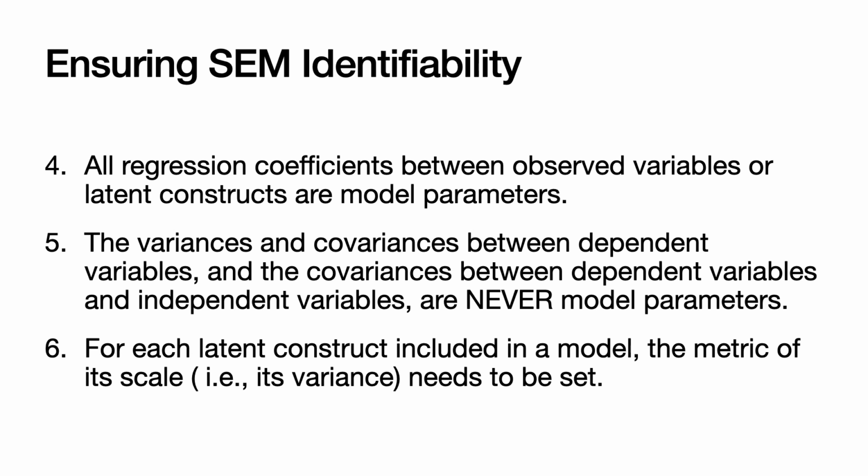Rule number 5, the variances and covariances between dependent variables and the variances between dependent variables and independent variables are never model parameters. And then finally, Rule 6, for each latent construct included in a model, the metric of its scale, that is, its standard deviation or its variance, needs to be set to a particular value.